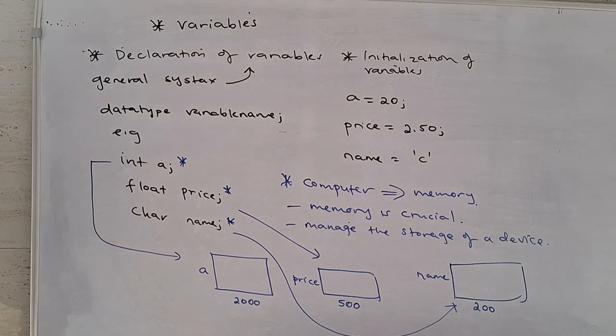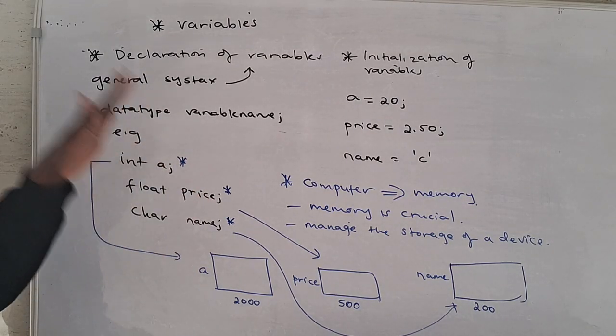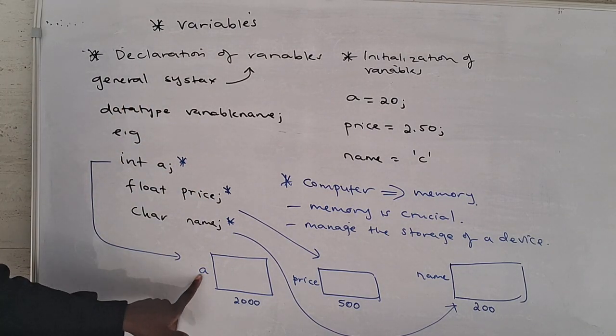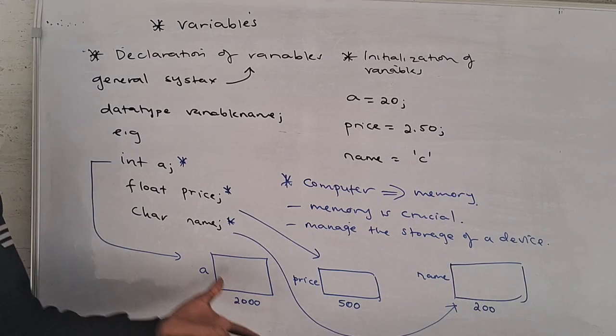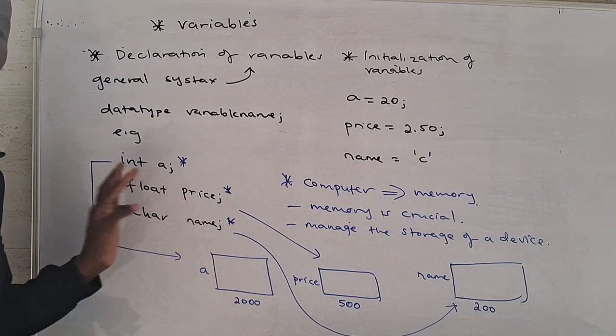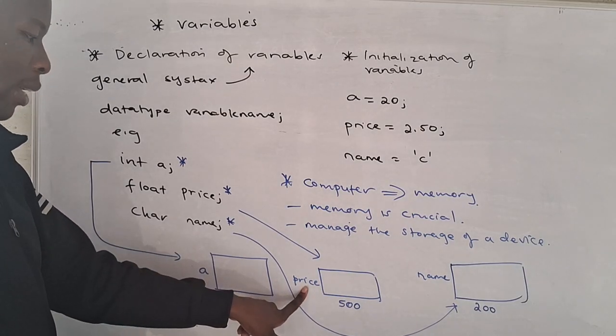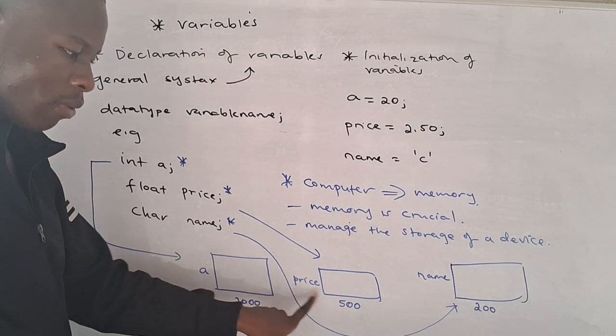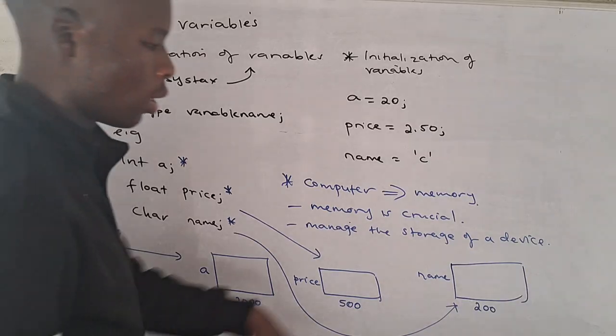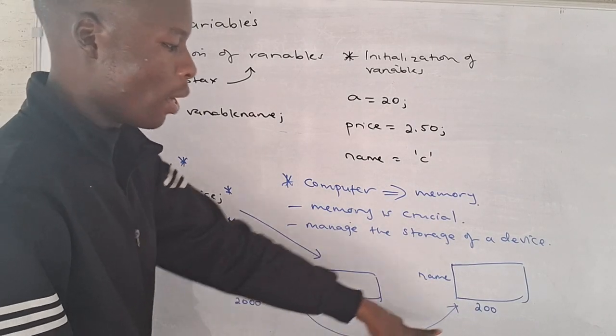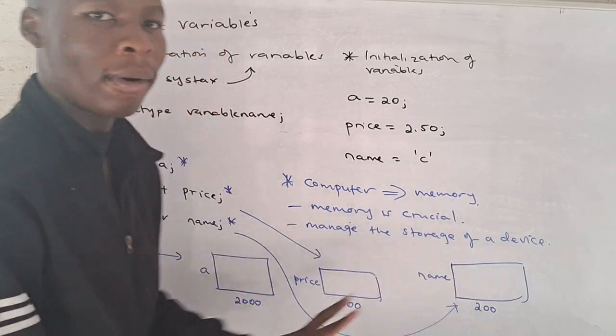This will happen in the memory of the computer itself. This is variable A, and this is the memory address. We don't know the memory address the computer is going to allocate; I'm just assuming. Here, this is the variable called price, and the memory address of this variable is 500. This is the variable called name, and the memory address of this variable is 200.